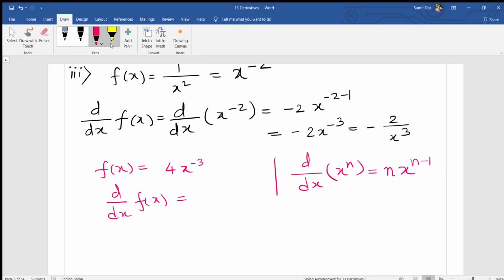So what is the power here? Here the power is minus 3. So minus 3 will come in front as the coefficient, and the power of x will decrease by 1. If you simplify, it will be minus 12 x to the power minus 4. Or if you want to write in this form, you can write minus 12 divided by x to the power 4. You can keep like this.